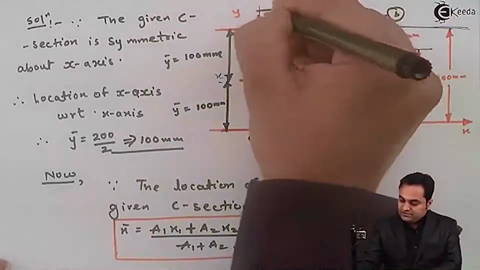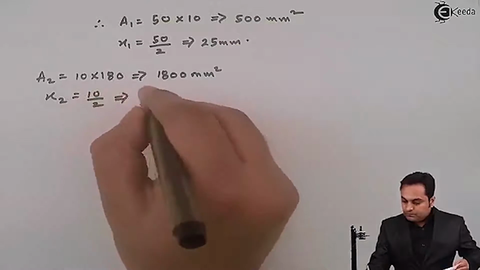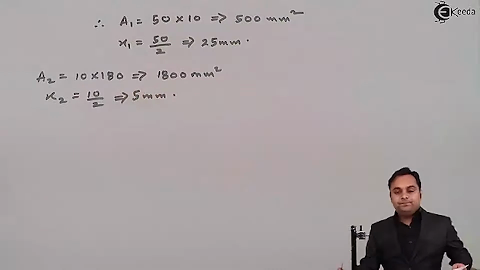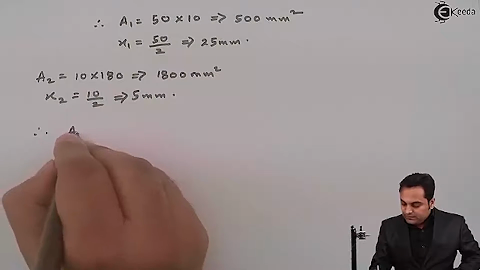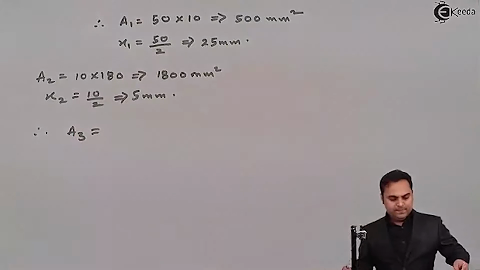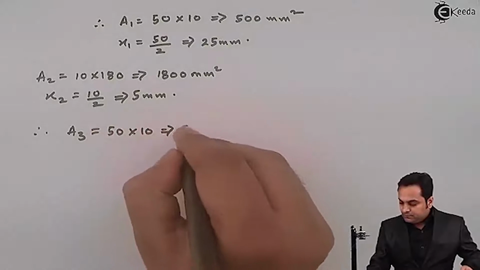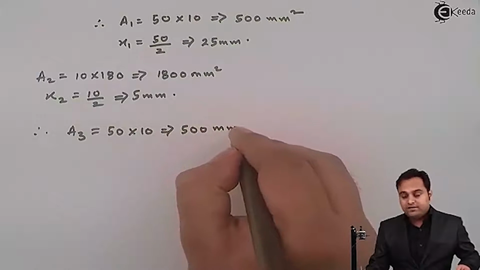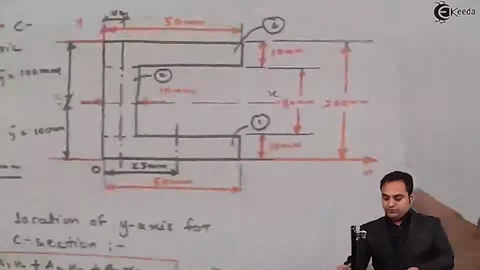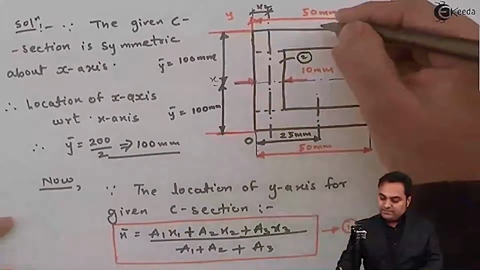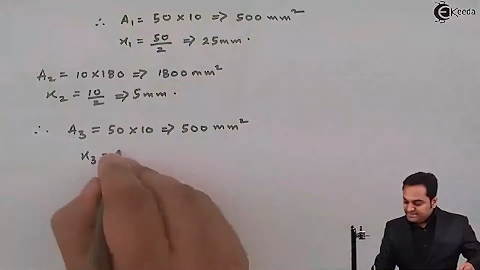So this distance x2 is 5 mm. Next, therefore area 3 will be same as area 1 because this is a symmetrical C section, and the x3 value will also be the same. Their y-axes are passing through the same line, that is at half of 50.